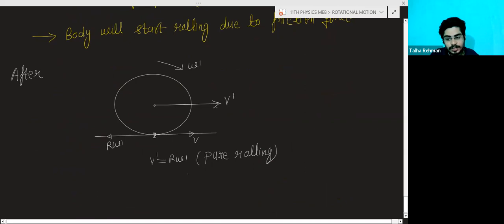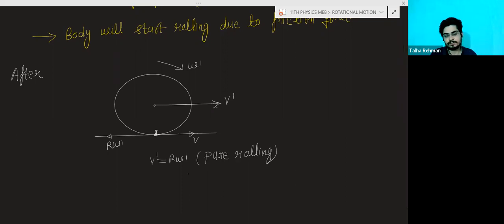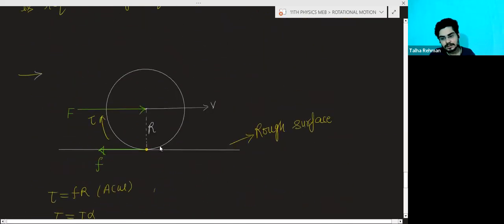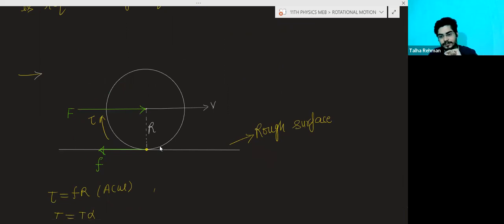When the point of contact is at rest, at that time the friction force will automatically become zero. So basically what is happening is that due to friction this body comes to the condition of pure rolling, and when pure rolling starts, friction goes.